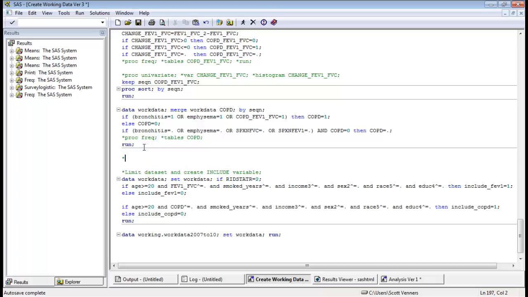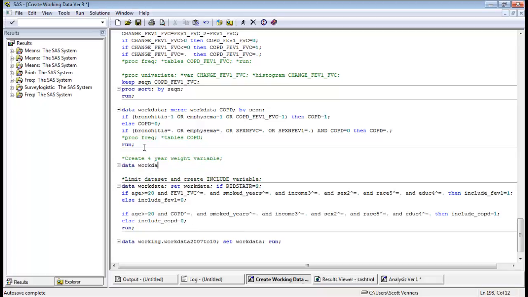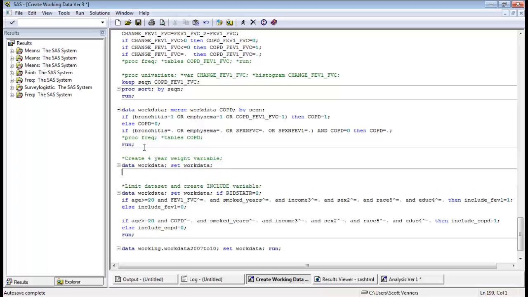I'm going to say create 4-year weight variable. It's going to be data, work data, set, work data. And to get the 4-year weight variable, you just divide the 2-year weight variable by 2. You cut it in half.